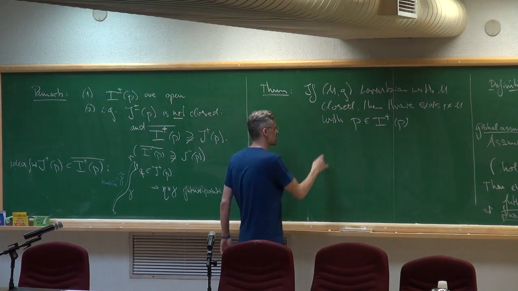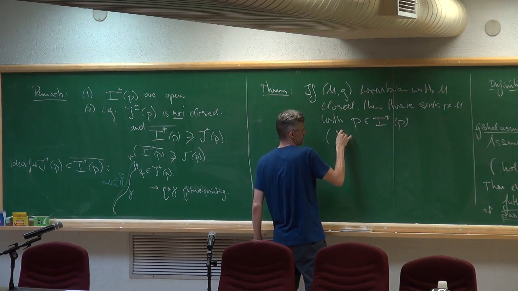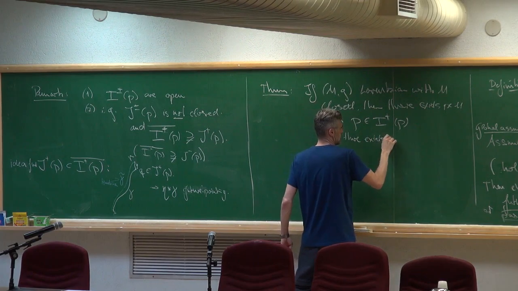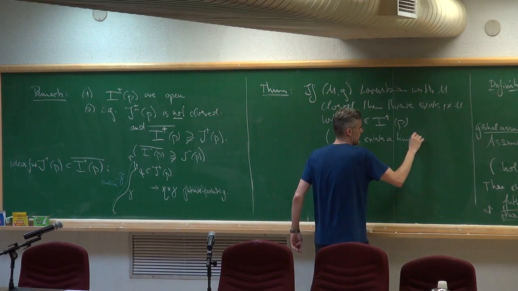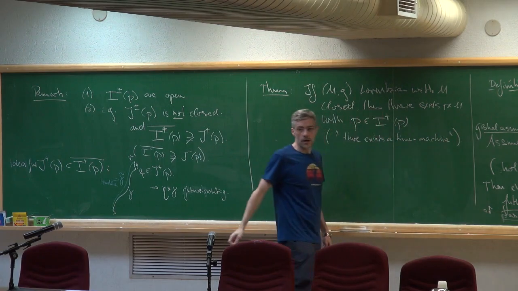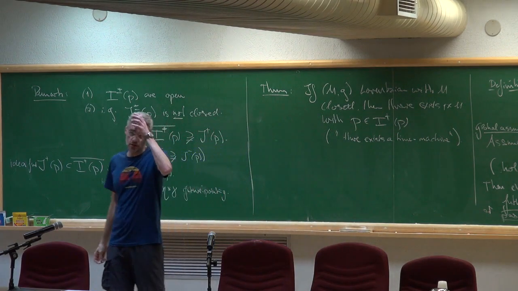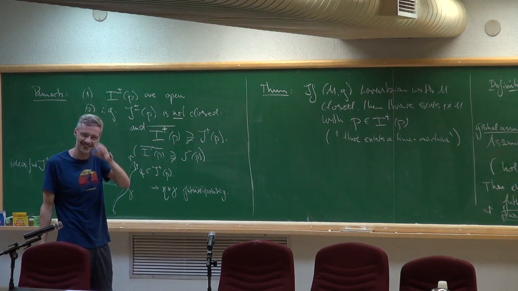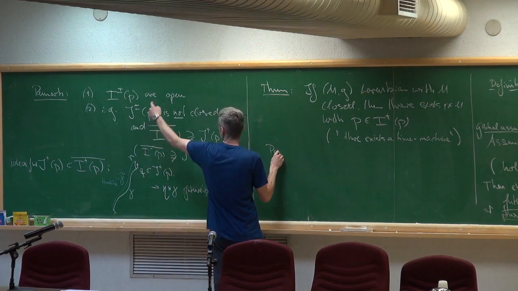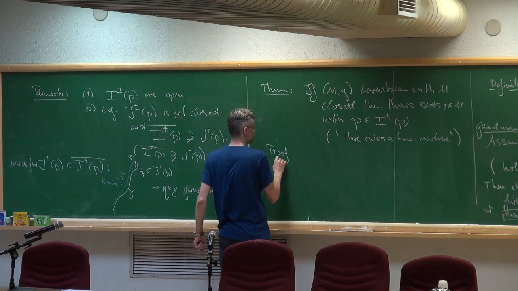So basically there exists a time machine. And that, of course, is a basic violation of any physical notion. And the proof just uses the fact that these things are open.